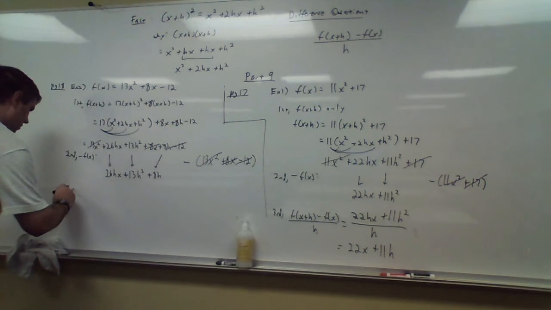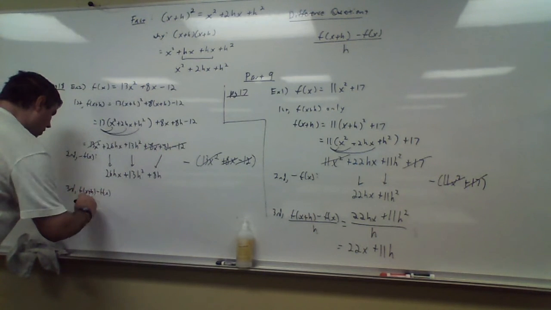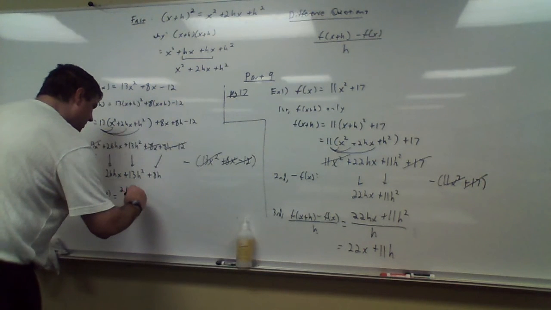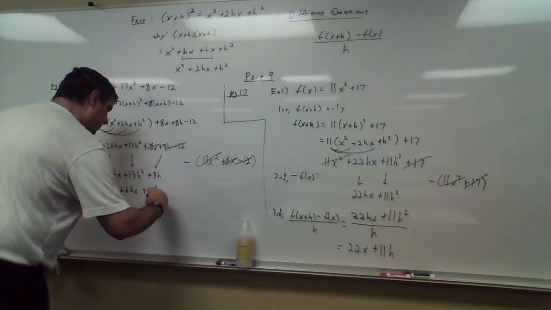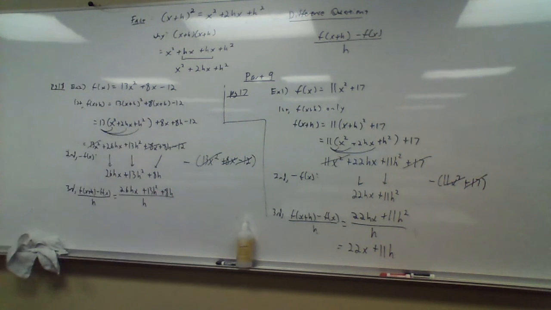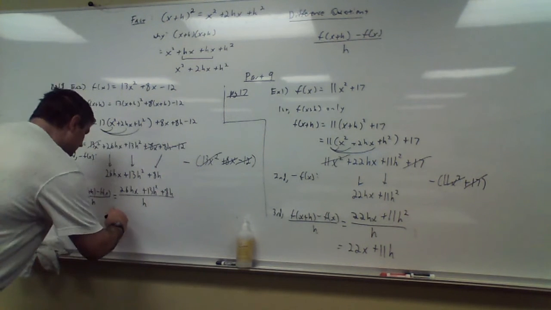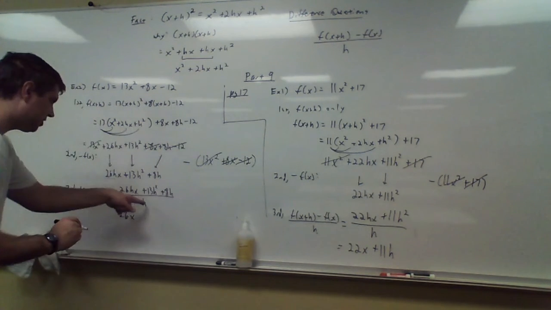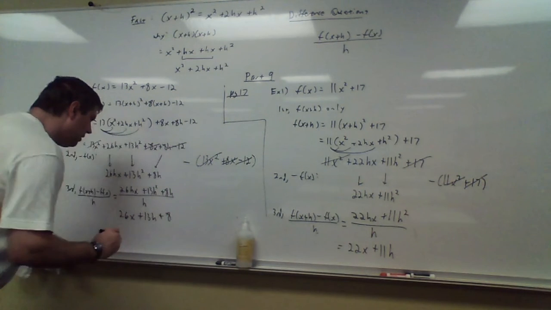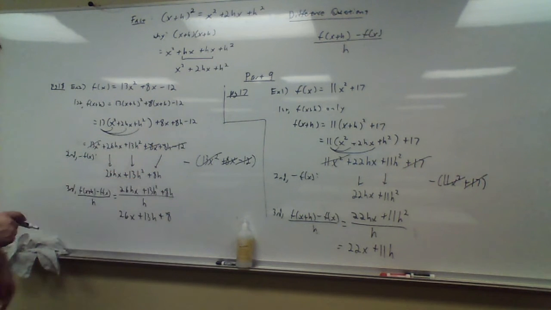Third, f of x plus h minus f of x over h is 26hx plus 13h squared plus 8h over h. Okay, and those h's are going to cancel against counterparts. So that would be 26x plus 13h plus 8. Okay, because the h's will cancel there. Go down, cancel, go down a power, cancel.